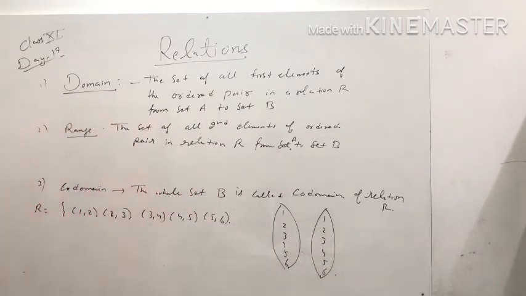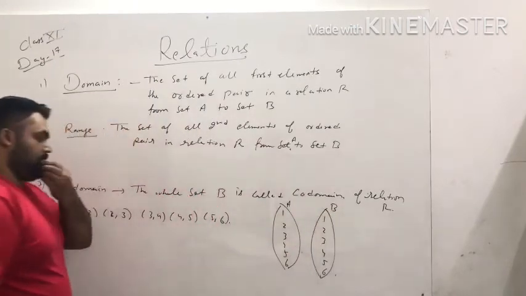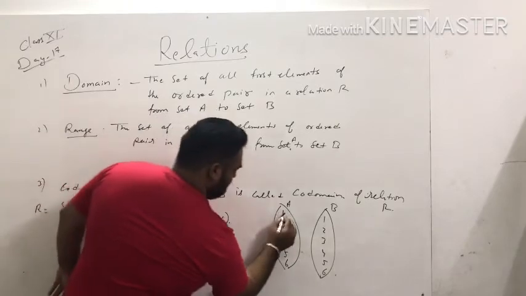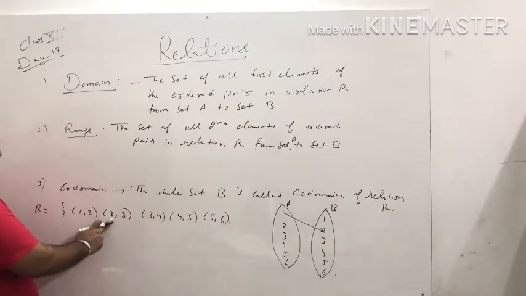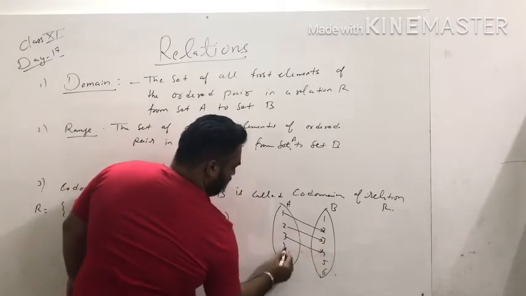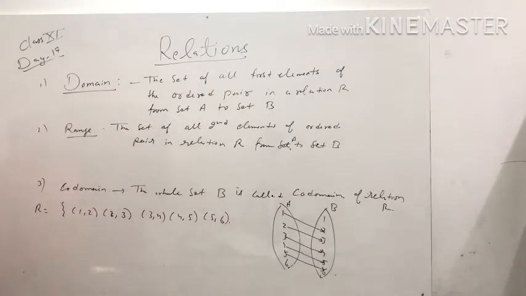So, please listen carefully. Now A, this is B. Now, what is the relation? The relation of element 1 with 2. Relation of 2 with 3. 3 with 4. 4 with 5. And 5 with 6. Now, what is domain?